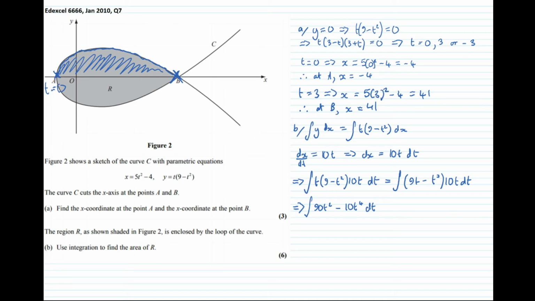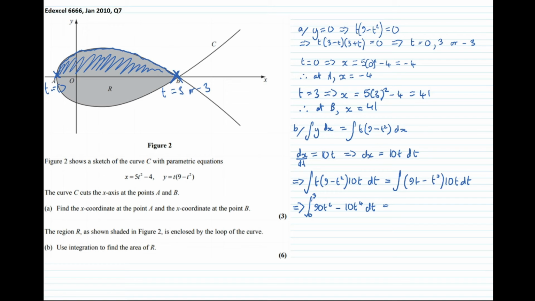And then when we were at B, t was equal to 3 or minus 3. So we're just going to take the limit 3 for now. So when it hits the curve the first time, at B, we'll say t equals 3. And then when it hits A, t equals 0. So we're going to integrate between 3 and 0.